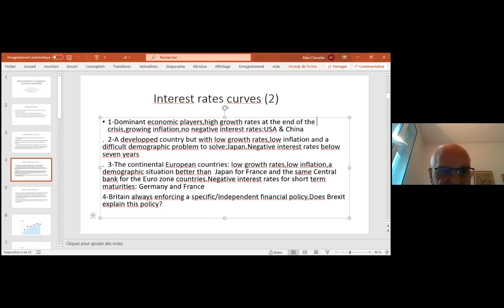And you have the case of Britain, which is a kind of opportunistic policy there. They have an independent financial model now, which is probably connected to Brexit, partly at least. And they show positive interest rates, a bit like the US. It's more similar to the US than to the other European countries. So you find different curves.